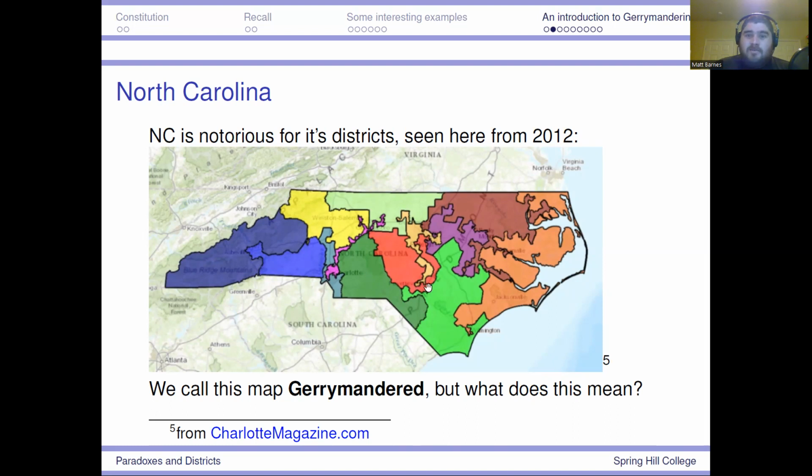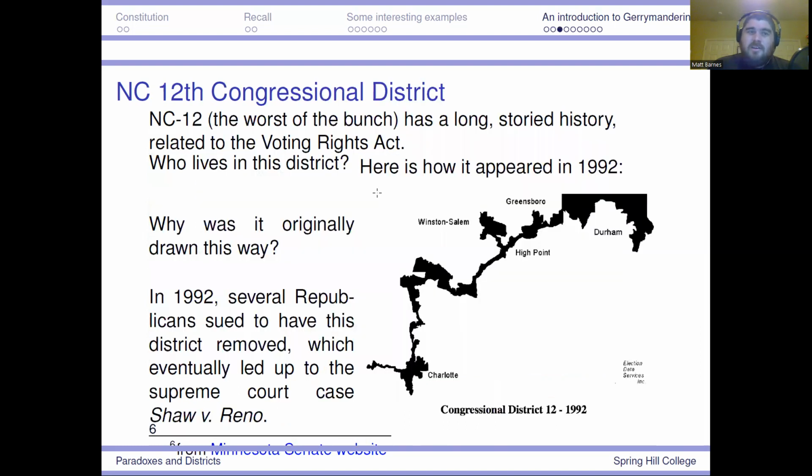You can see this red one even kind of sneaks around here, and this light orange one is in the middle of it. It just seems weird, right? So in that case, that's what we would call gerrymandered districts. But the real trick is figuring out when exactly something's gerrymandered and when something isn't. So this is the North Carolina 12th Congressional District.